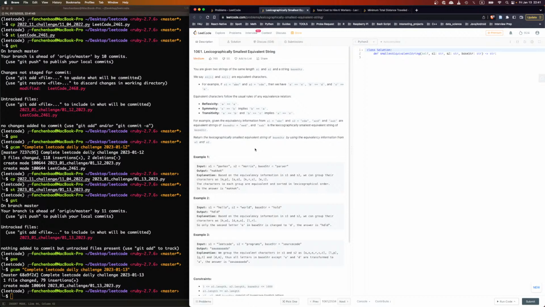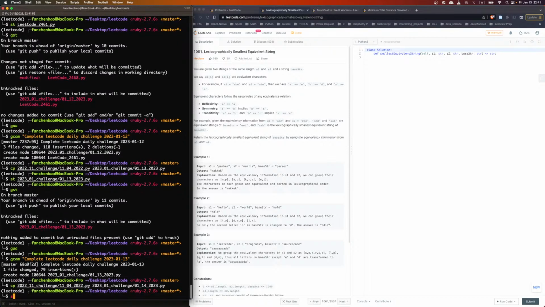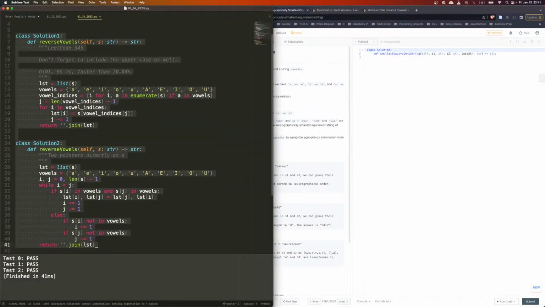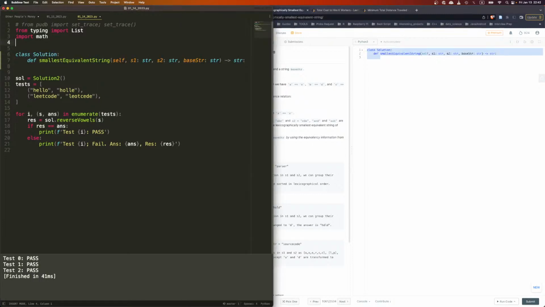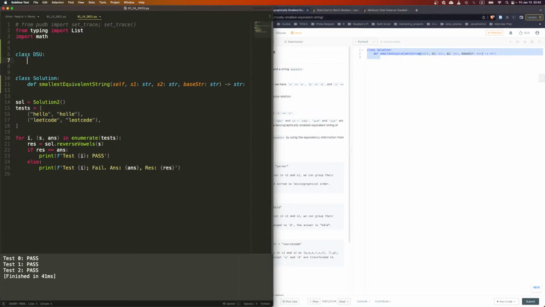That shall do. It's an interesting question. If you don't know union find, I don't know how you can solve this. But this one will have a slight difference in the union find in terms of finding a parent. So let's try it. DSU, right?